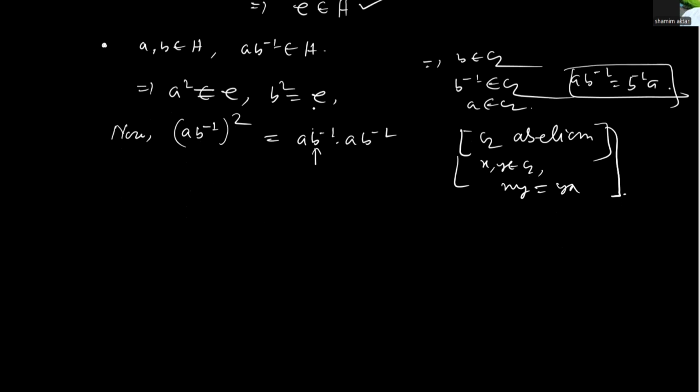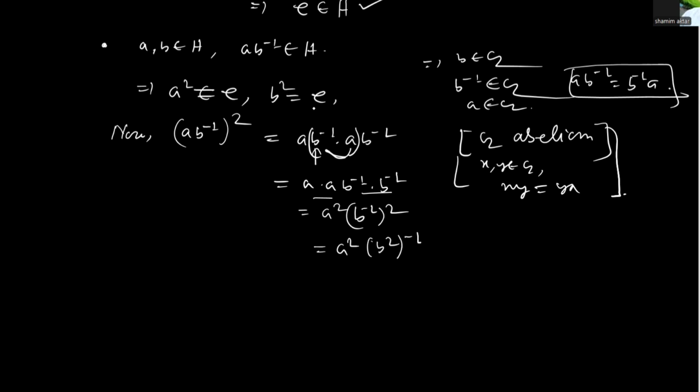So these two elements commute with each other, so this implies a squared times b inverse whole squared, that is a squared and b squared inverse.